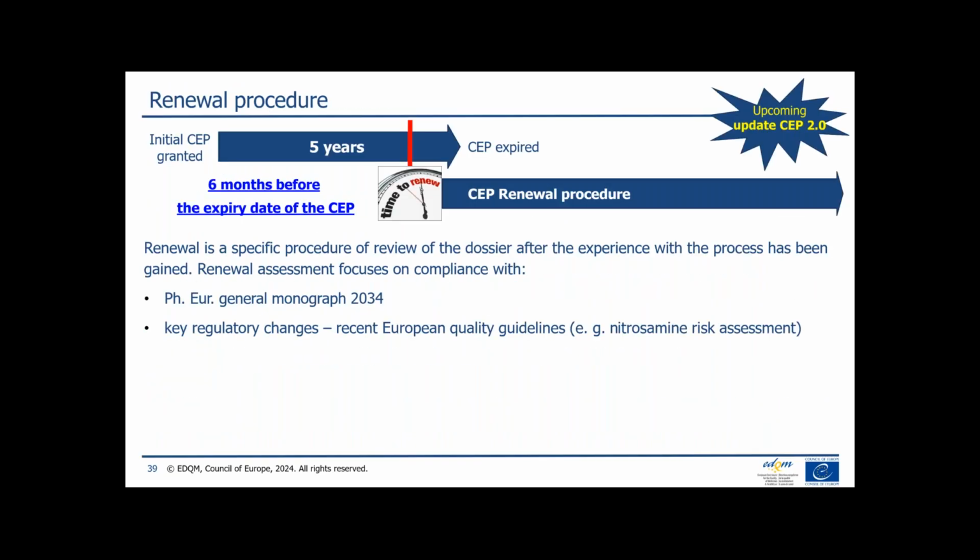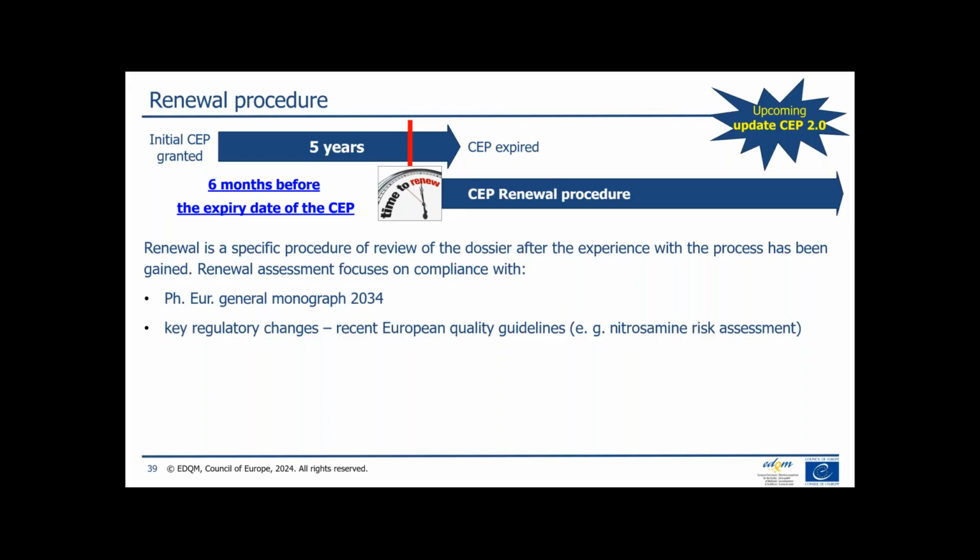Now, speaking about renewal procedure, the initial SEP, as I have already mentioned, is valid for 5 years. And 6 months before the expiry date of this SEP, the EDQM should receive a request from SEP holders for renewal of the certificate.